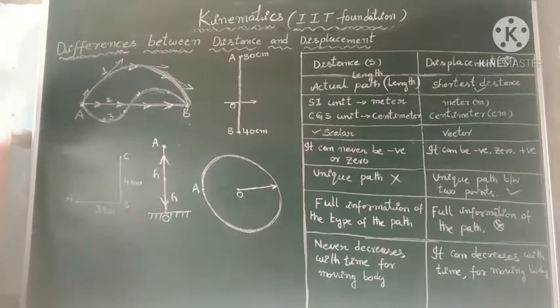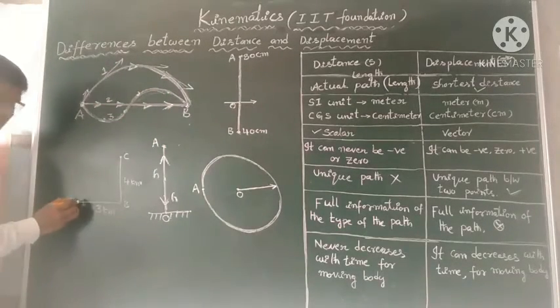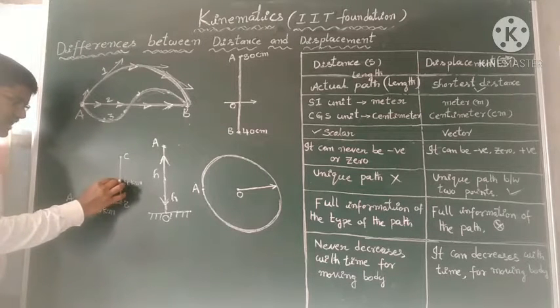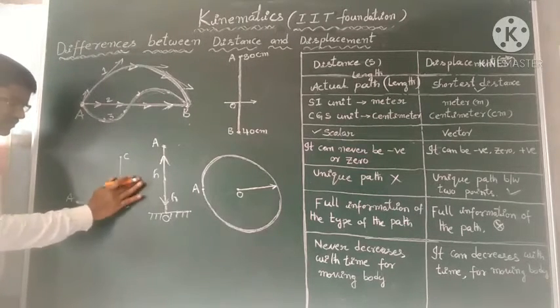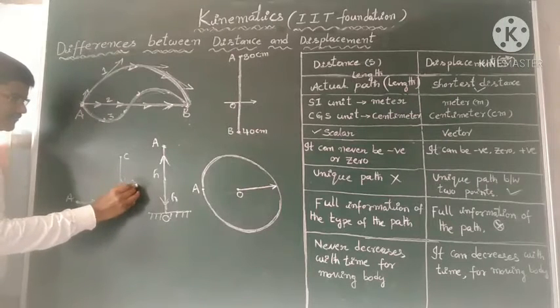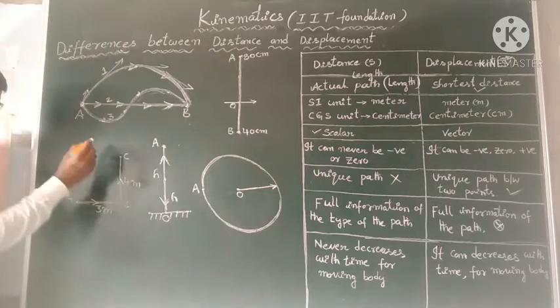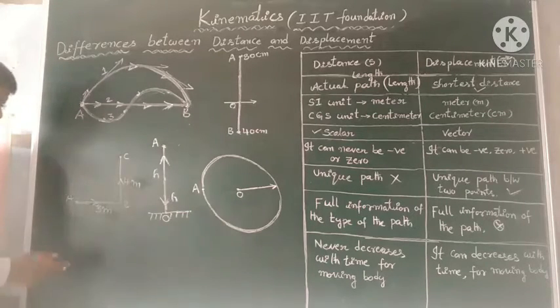Now see, my dear students, a particle is started at A. It went from A to B, 3 meters, and B to C, 4 meters. So I want to write the distance here.